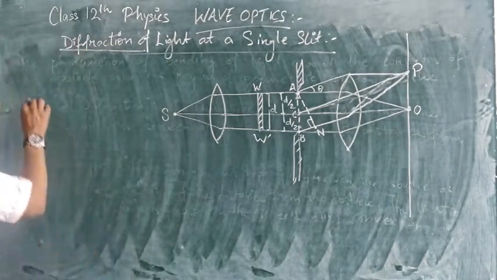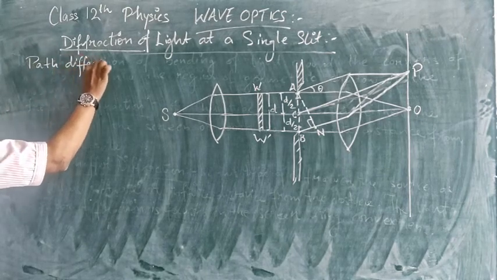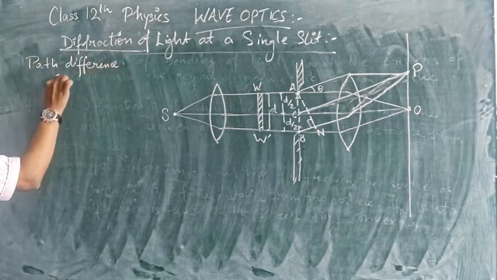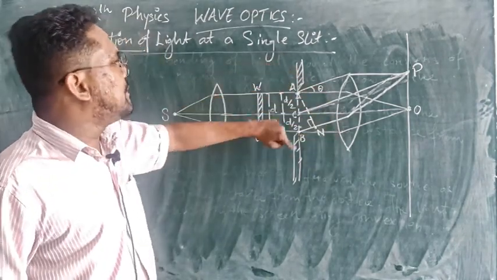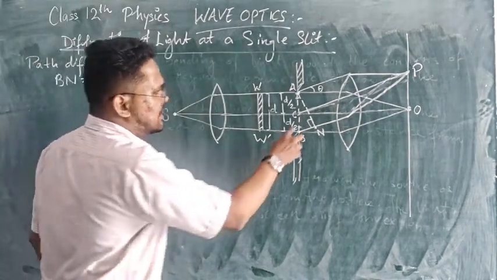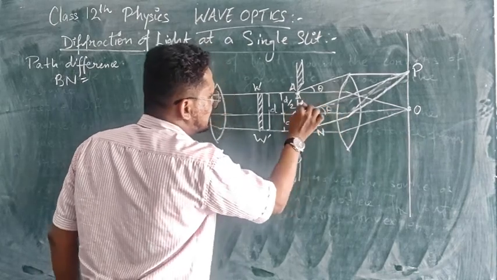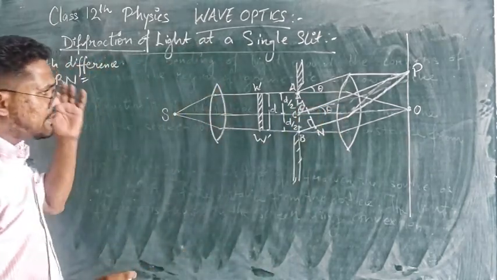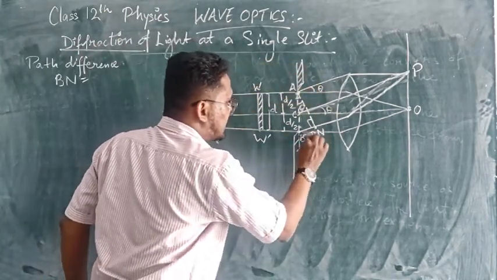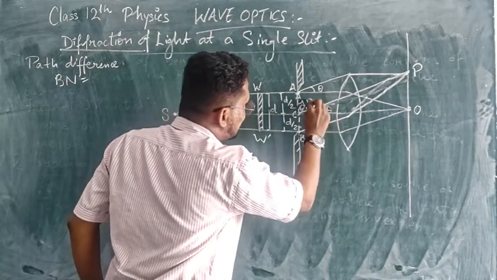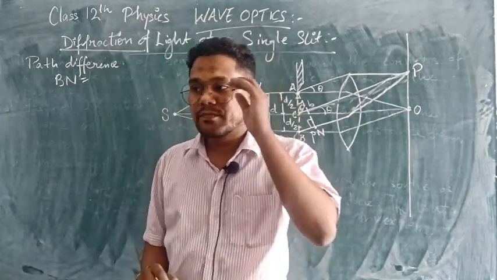Firstly, we start with path difference. So we have path difference BN is equal to, this is BN, so that I am taking triangle ABN. When this is perpendicular and suppose this one is theta, this one is theta, similarly this will be theta. So in my triangle ABN, this is 90 degree, this is theta, so that means BN is perpendicular, AN is base and AB is my hypotenuse. Correct?